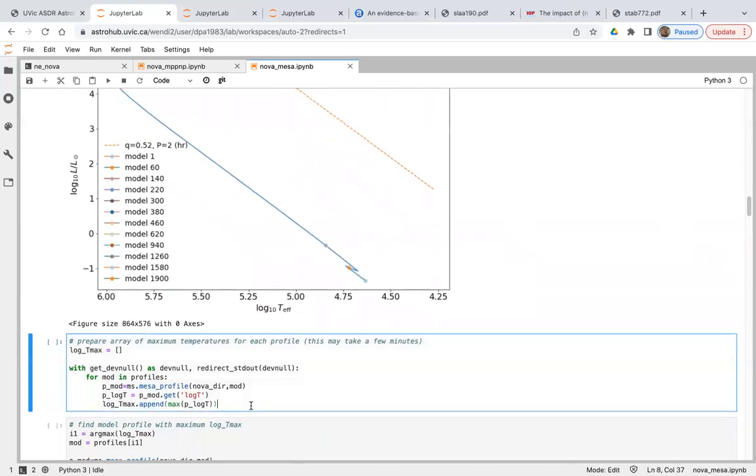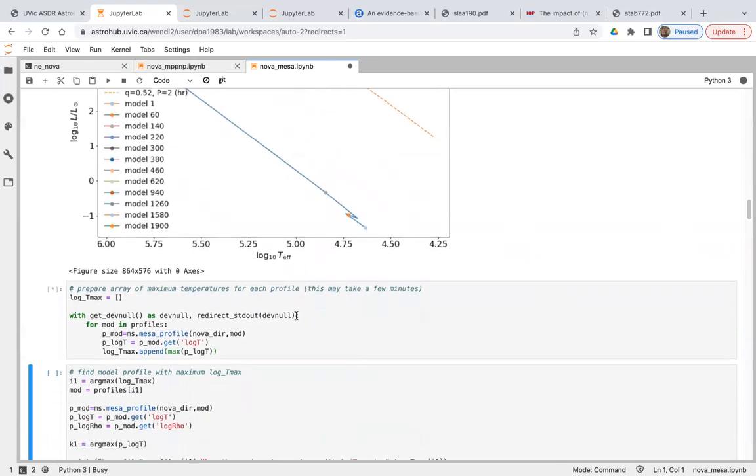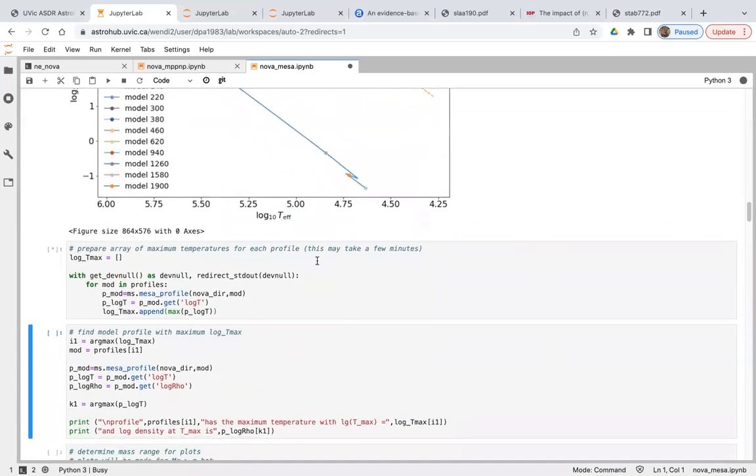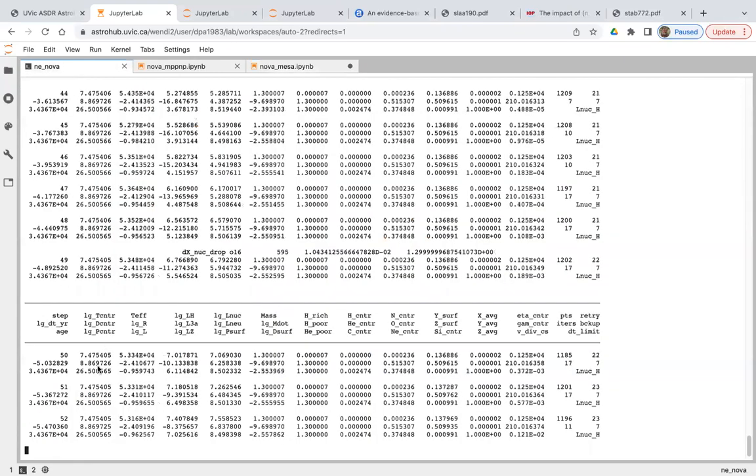Now let's go to other cells. Some of them take time to execute, and the comments usually warn about this. It says this cell may take a few minutes to execute. Let's check. So far we have 52 models calculated.